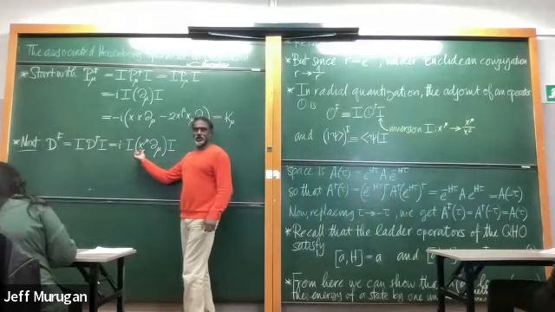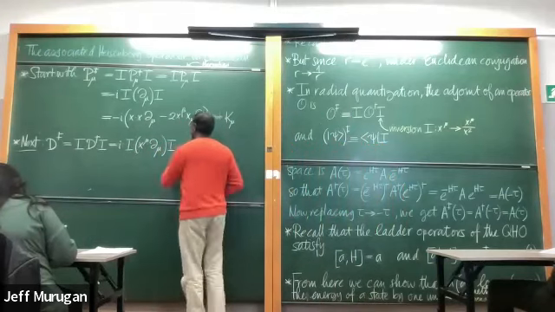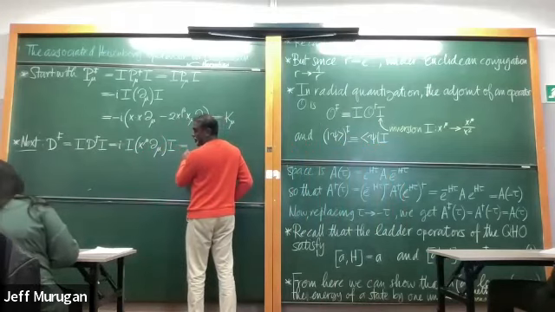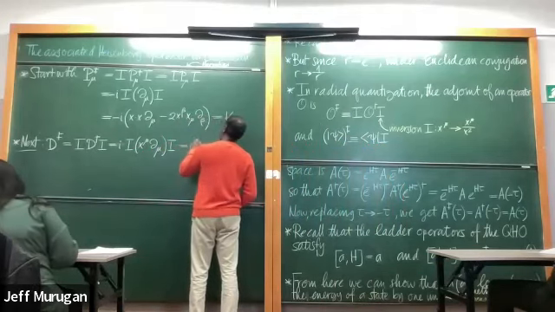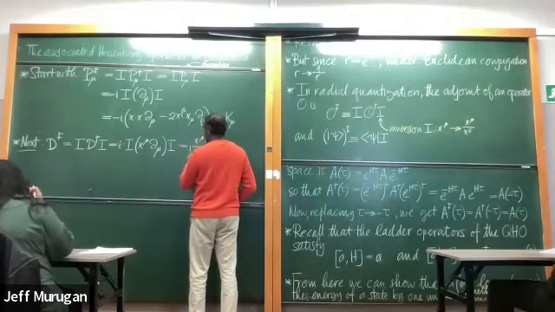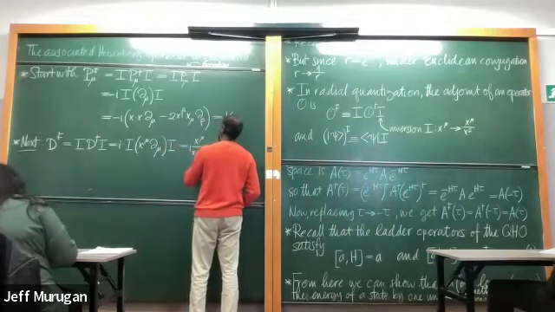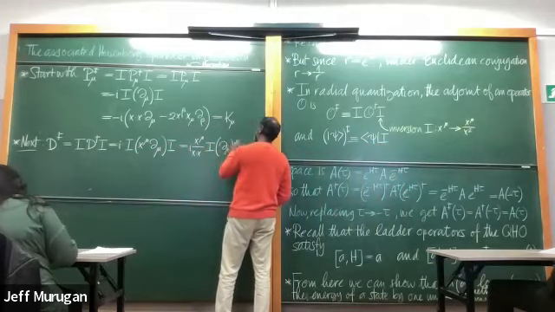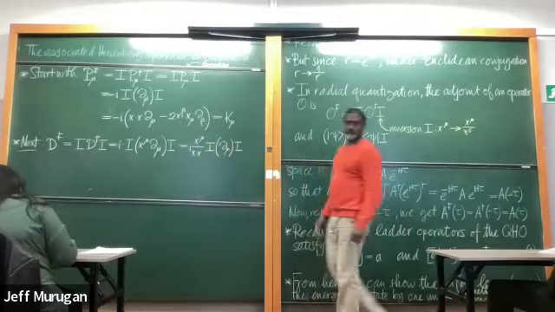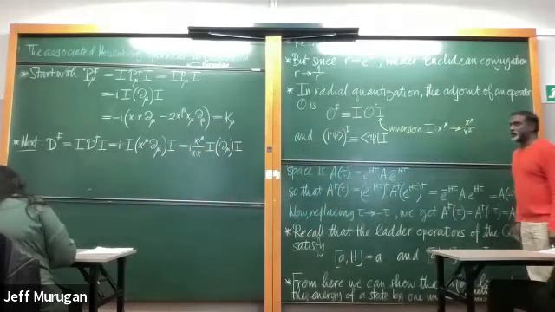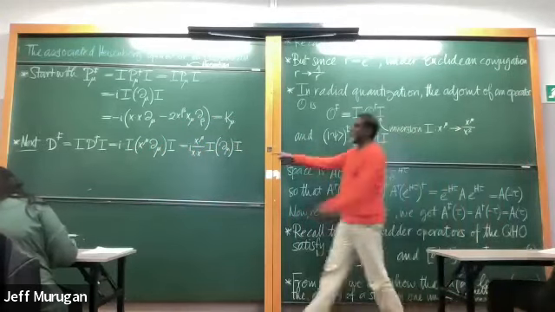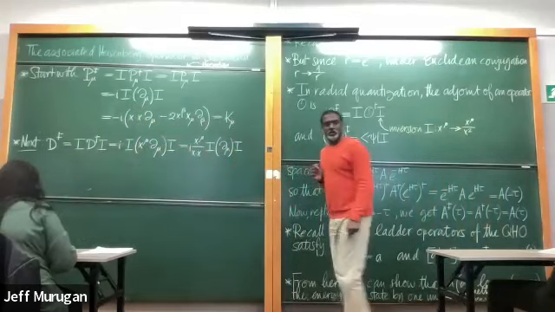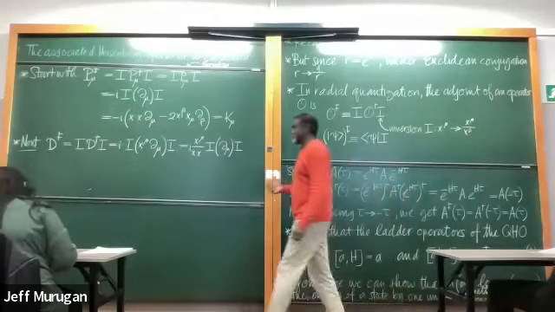But I know what I does to x mu, so this is just I times x mu over x dot x, I d I. And I've just learned what I d I does, because I know now how derivatives transform.